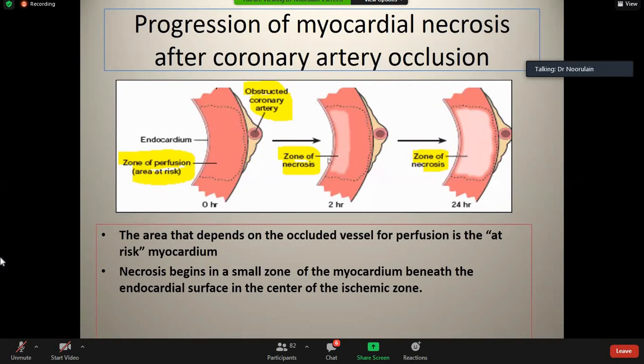This is a zone of necrosis, and at 24 hours there is complete necrosis of this zone of the myocardium. The area that depends on the occluded vessel for perfusion is the apex myocardium, and necrosis begins in a small zone of myocardium beneath the endocardial surface in the center of the ischemic zone.